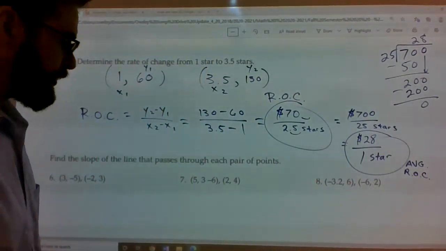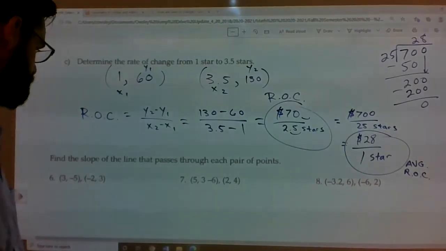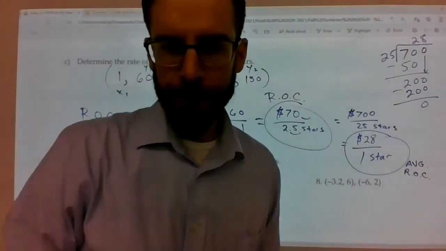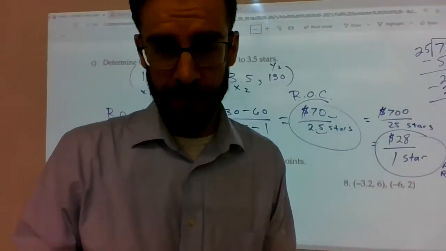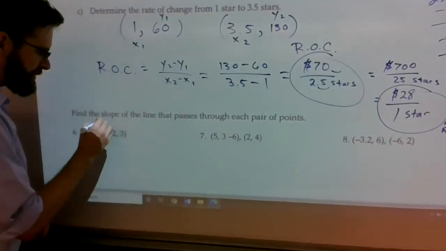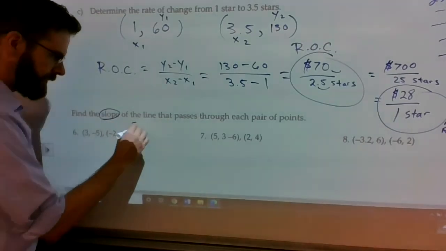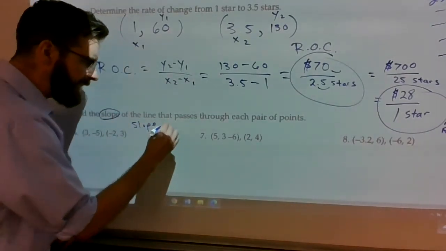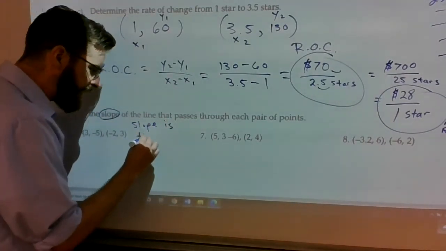All right. I've thrown a lot your way. The only thing that's different with these last group of problems is this. This is the only difference. Slope is the rate of change.